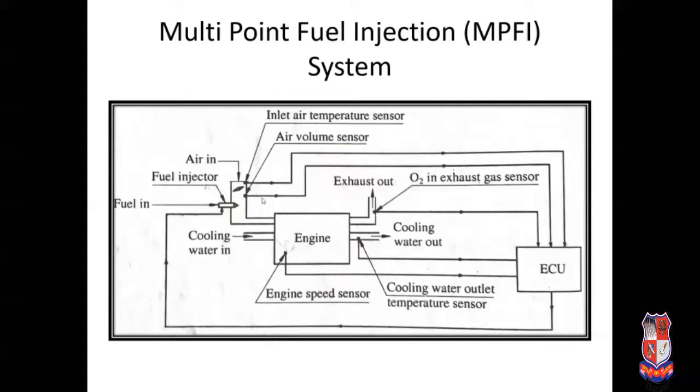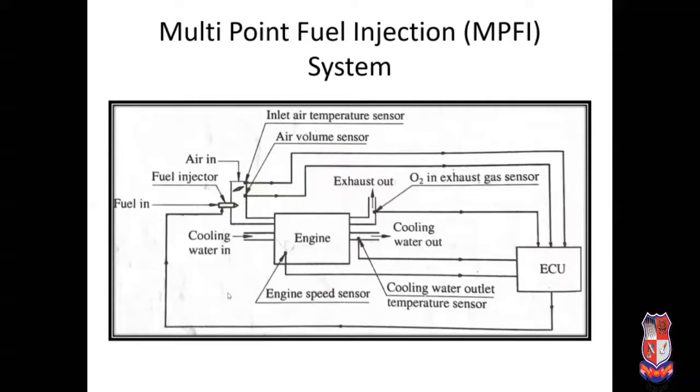Let us see the first sensor, that is the inlet air temperature sensor. The air enters from the atmosphere to the venturi tube, or we can say into the suction line, so that air has some temperature, right? So during cold starting, if the air temperature is less, that will help the ECU decide whether it should transfer a rich mixture or a lean mixture.